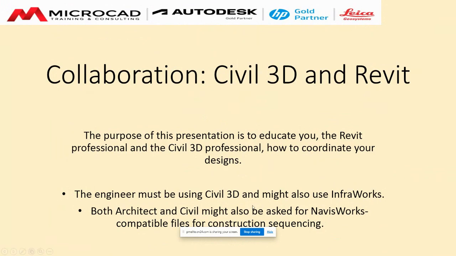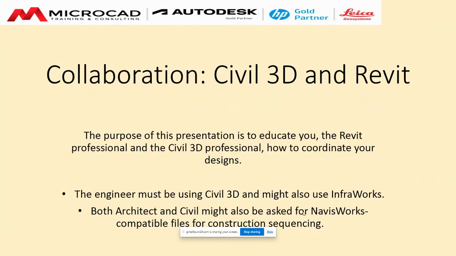There's a couple notes on the bottom there. The engineer needs to be using Civil 3D. Okay, so this is not for any other civil software. You might also be using InfraWorks. If you're not familiar with that, that's an Autodesk infrastructure product for early project preliminary type design, real fast quantities and things like that, and great presentation.